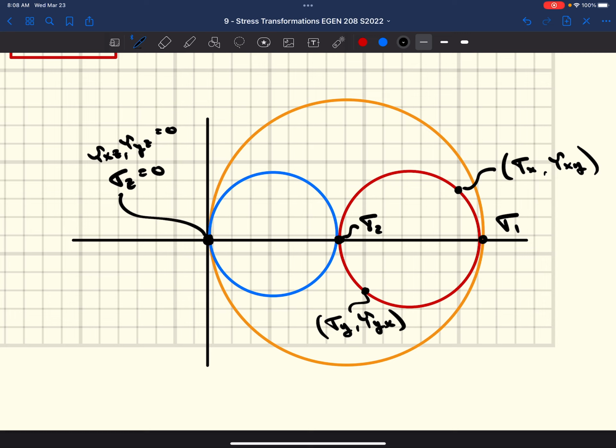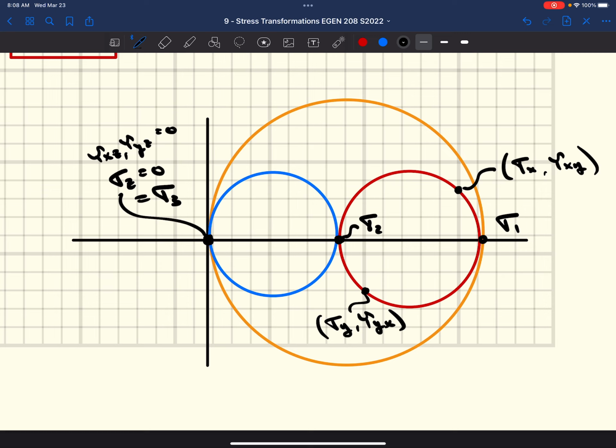And then we have this 0 point. Well, what do we call this 0 point? We call it sigma 3, the third principal stress, which ends up being 0 when we assume plane stress, because that's where we're assuming our coordinates are 0. Normal stress is 0, shear stress is 0, so we get this point.